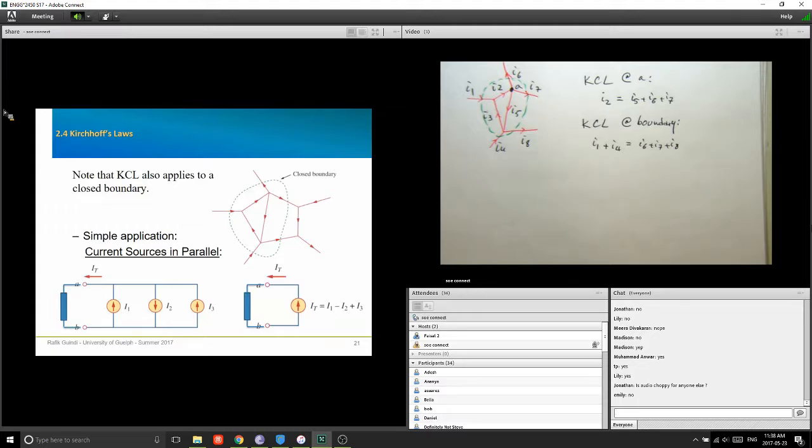That blue element is probably what we tend to call a load. Doesn't really matter what it is. But if you want to know what is IT, the total current here, then what would you say? If you look at this point up there, that's one node, and you can write the KCL, then say IT is equal to, that's current going out, I1 plus I3 minus I2. Okay?